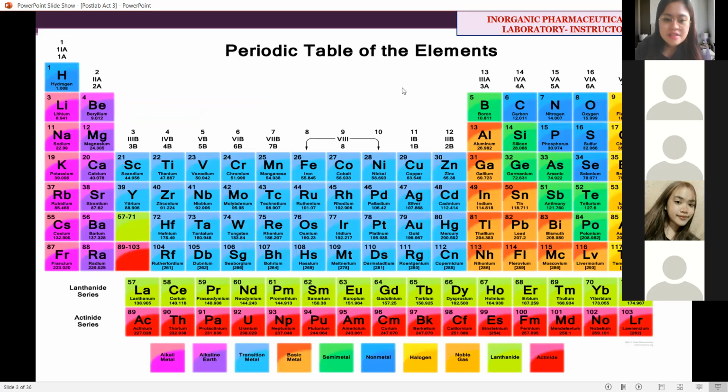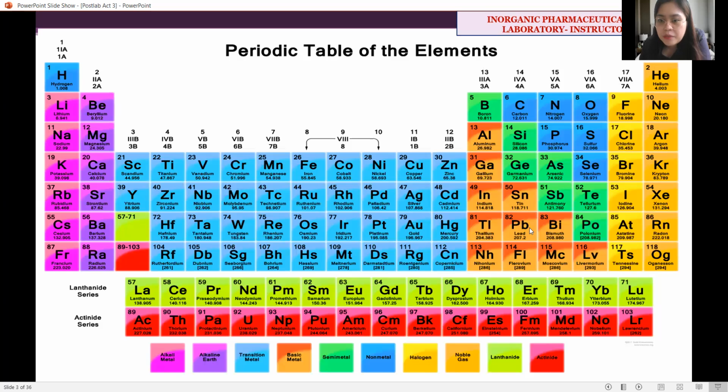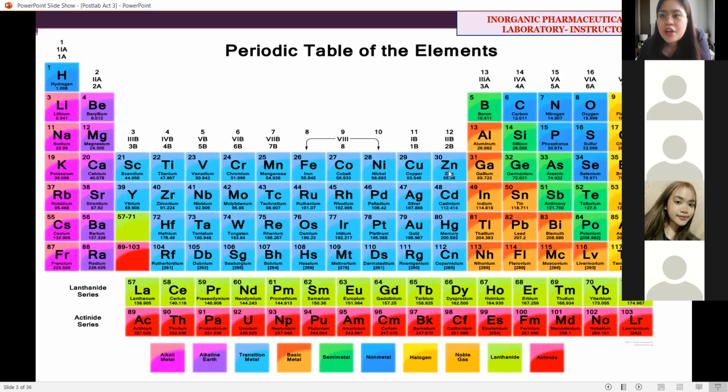So this, class, is the periodic table of elements. This is the modern one. If your periodic table shows 113 as UUT, UUQ and other UU names, that is an old version of the periodic table. Please check that yours is the current one, because 113 to 118 already have names.